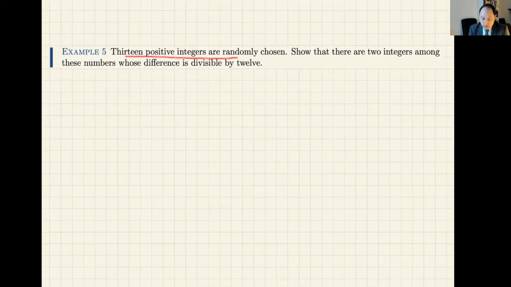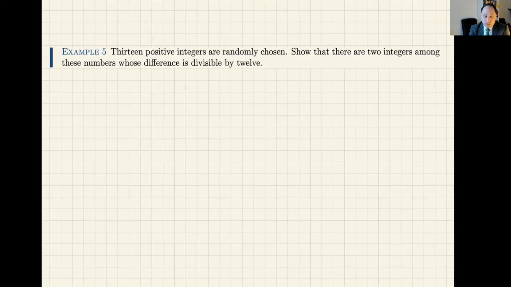13 positive integers are randomly chosen. Show that there are 2 integers among these numbers whose difference is divisible by 12. You see, these are really nice mathematical statements which are not trivial at all, but we are going to use this very trivial principle of pigeonhole principle to be able to guarantee these results.